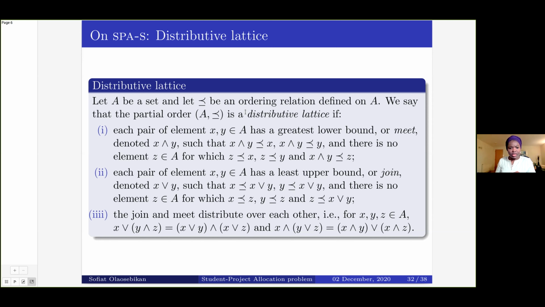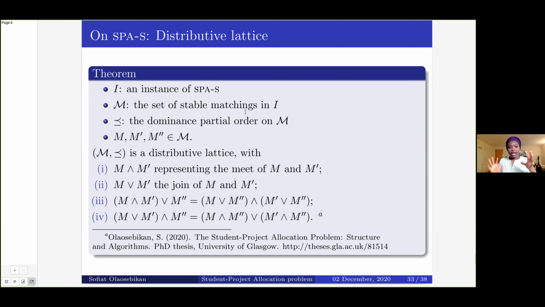So what I did was to prove that the partial order, the set of all stable matchings with respect to the dominance relation, forms a distributive lattice. And I showed that the meet of any two stable matchings is also a stable matching. The join of any two stable matchings is also a stable matching.